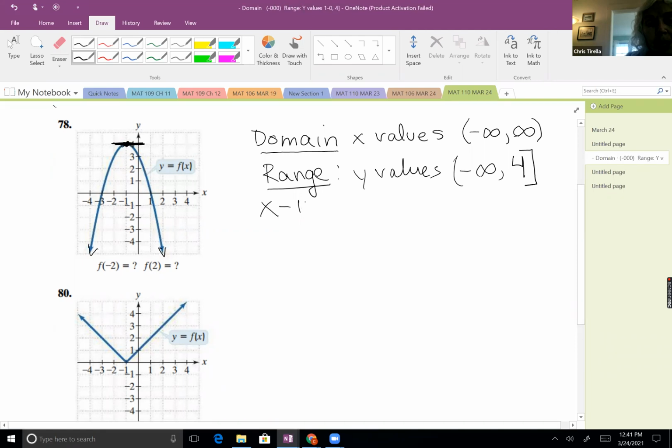For this one, the x-intercepts. Well, it crosses the x-axis at -3 and 1. As points, it would be the point (-3, 0) and the point (1, 0).